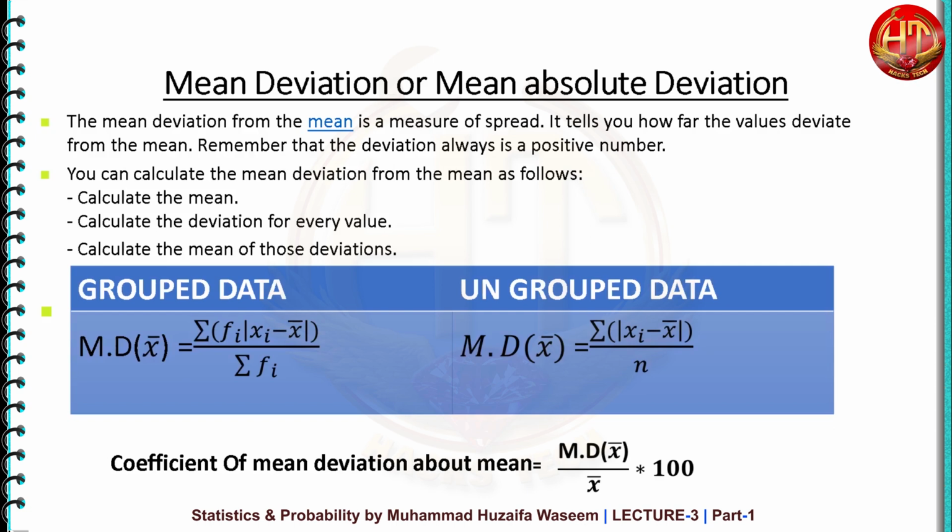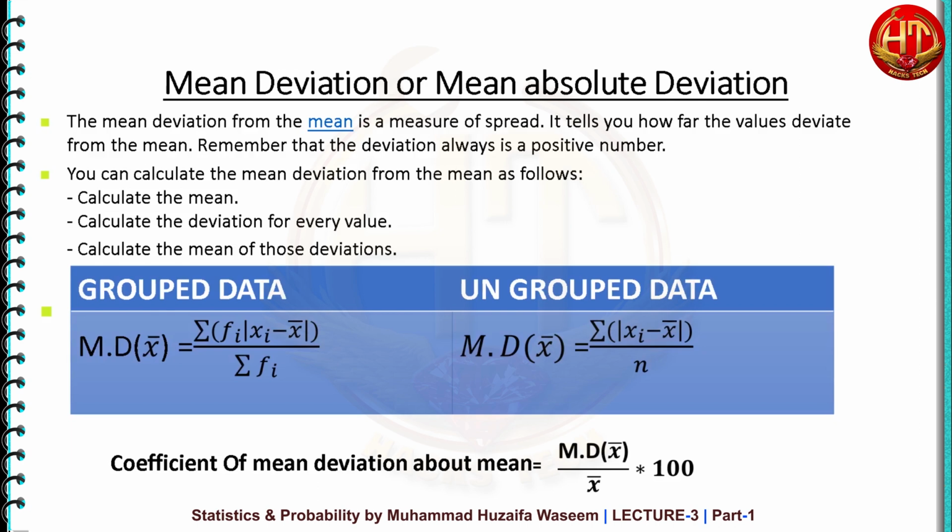So this problem can be solved in two ways. Ignore the sign of the deviation by taking their absolute value, or square the deviation because the square of a negative number is positive. So you can calculate the mean deviation or mean absolute deviation with the help of two formulas, grouped and ungrouped.